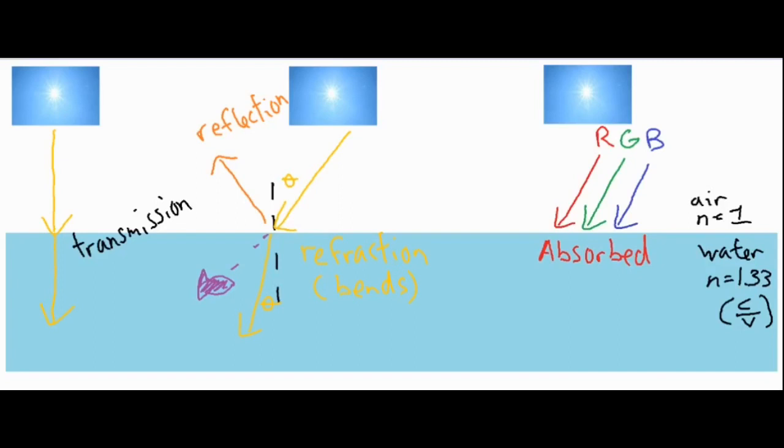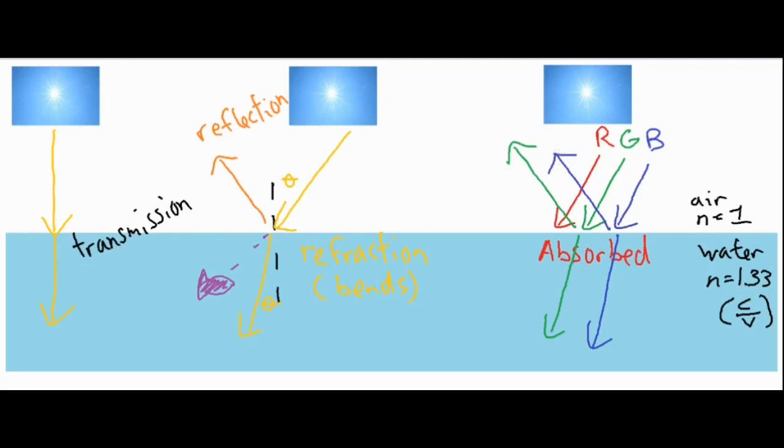So now if a lot of the red is getting absorbed, the green and blue are going to have some reflection and some refraction. Some of the light might go down and get bent in towards the water, and some might get reflected out back into the air.